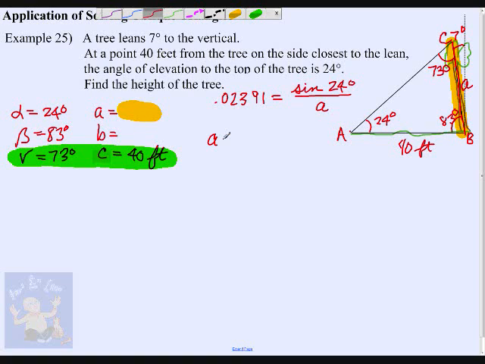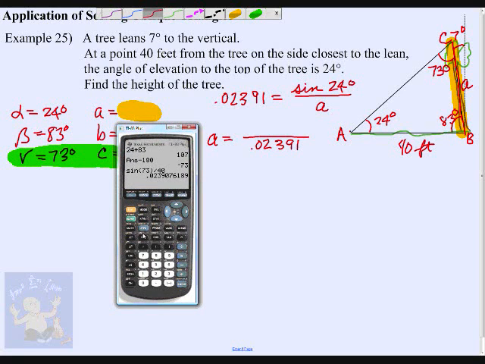So A is going to equal the sine of alpha divided by 0.02391.